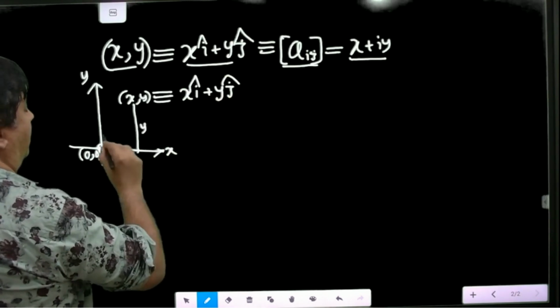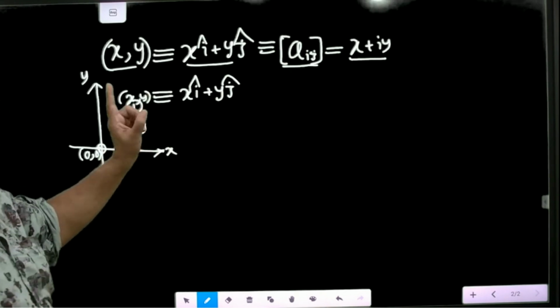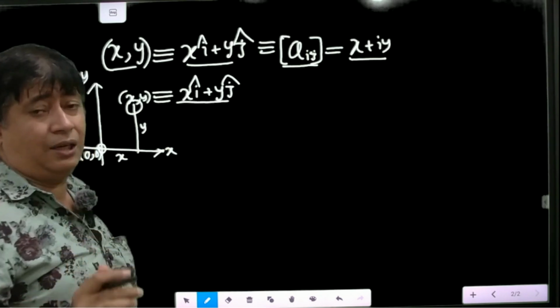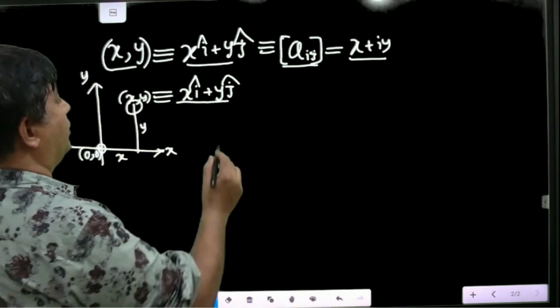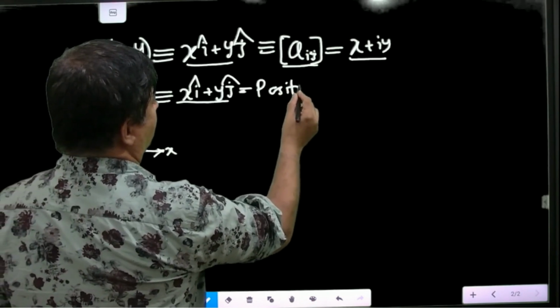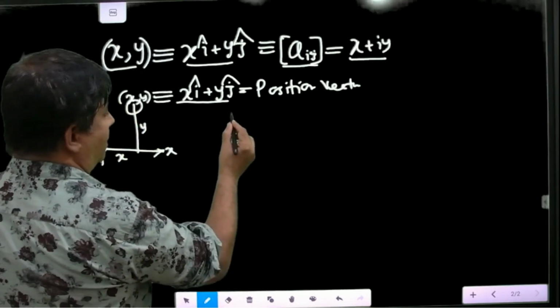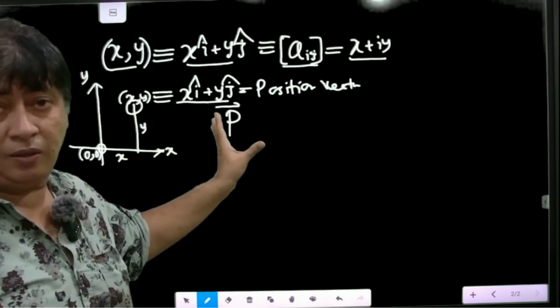It is called position vector. Vector will be measured with respect to the origin, so it is called position vector. That means suppose there is a point P. What is P?